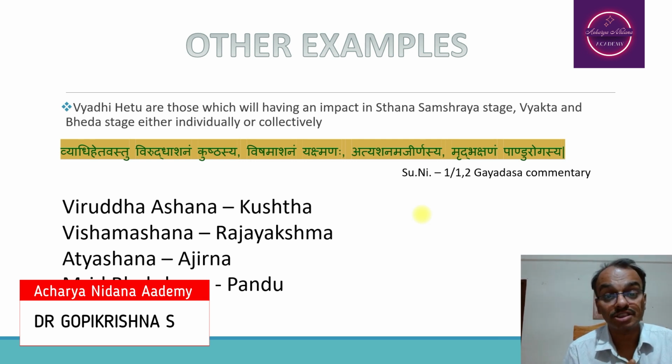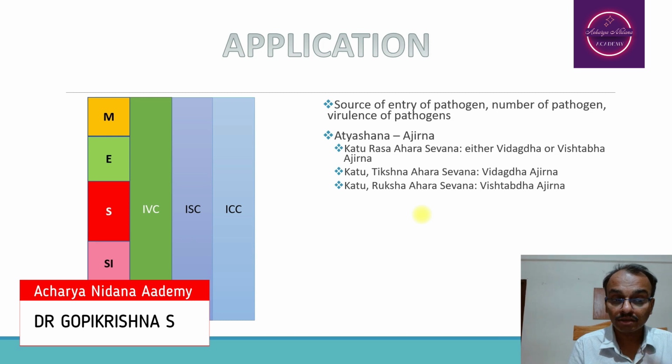Ati Ashanam Ajirnasya. Naturally, if the person is eating a large amount of food at a particular time, that is the Vyadhi Hetu that may be responsible for Ajirna itself. Let us take the example of Atyashana.